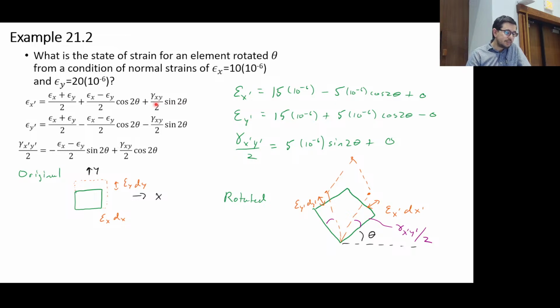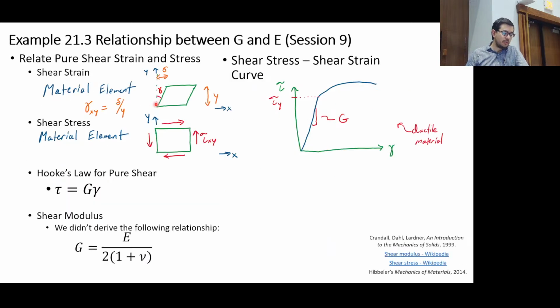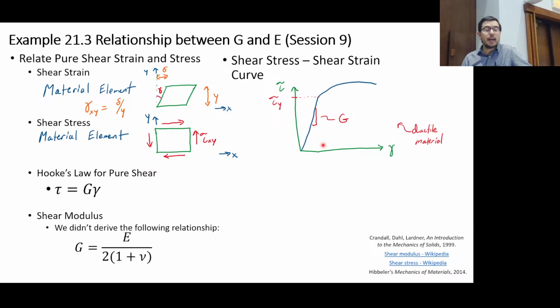Okay, so let's look at another example. We have discussed how just like we have stress-strain curves, we can have shear stress, shear strain curves, where E is not the slope, but G is the slope.